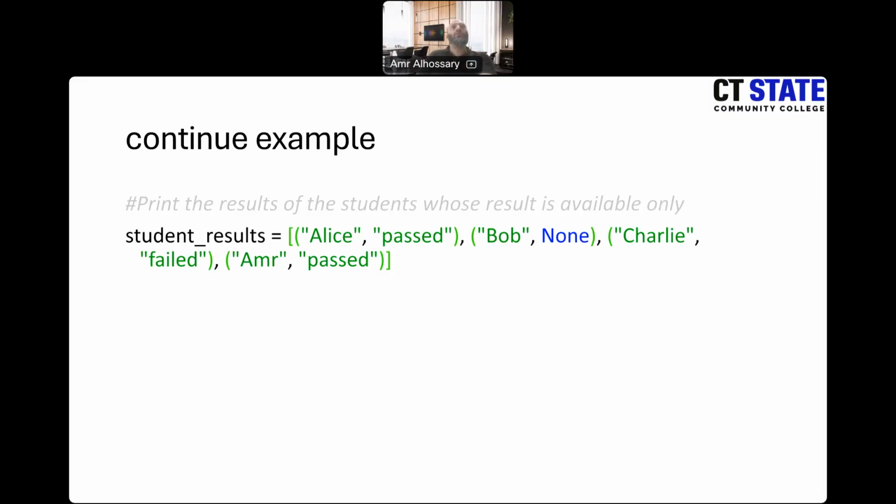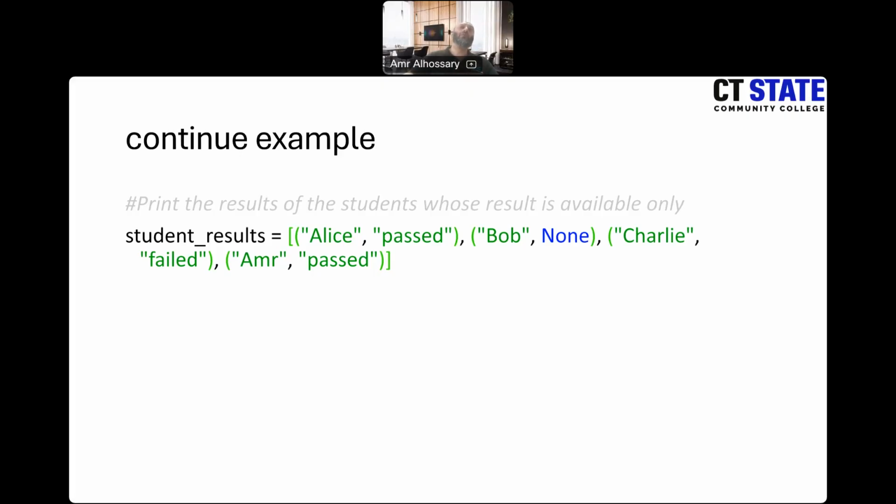Okay, examples of continue. In the first example, we have a list of students and their marks. Some of them have passed, some of them have failed, but some marks are not yet available. Maybe they didn't pay the fees, or maybe they didn't have the exam yet.